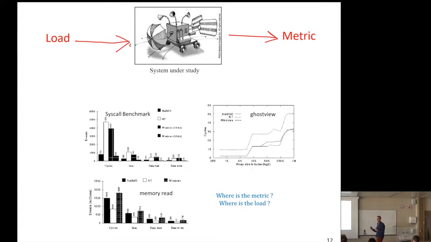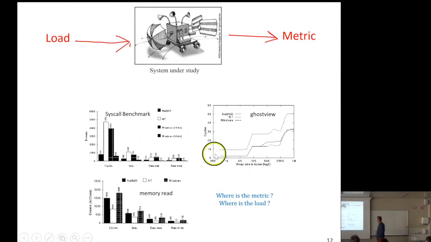The performance of a machine depends typically dramatically on its load. Some machines may be good at low load and bad at high load, or vice versa, or always bad, but that has an impact here. So here the load is typically, for example, the size of the job that we give here, and the metric is what we find here on the y-axis.